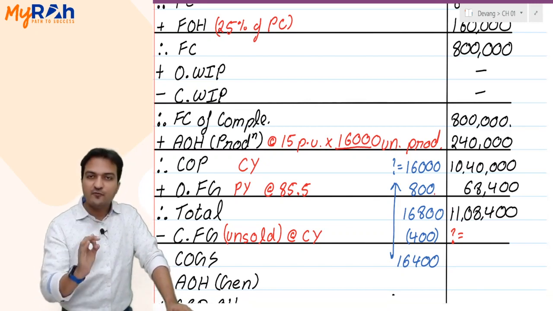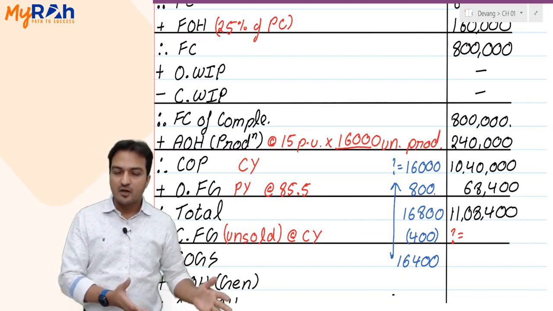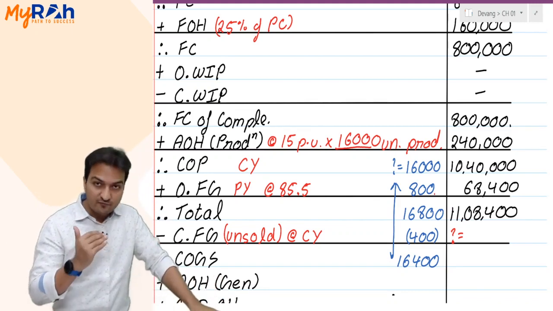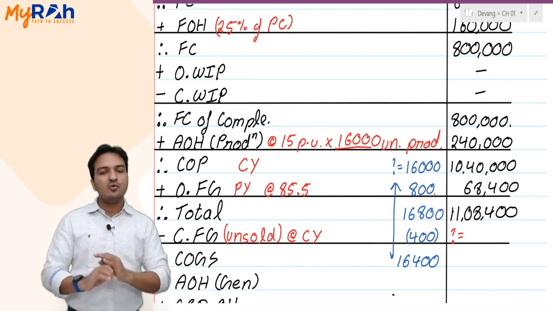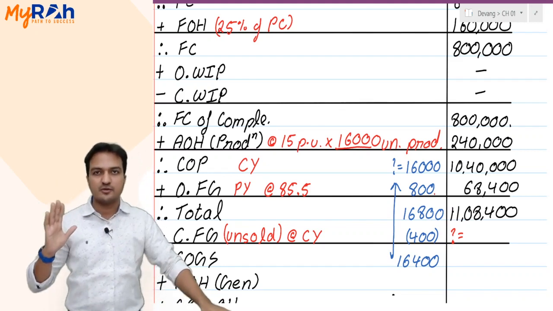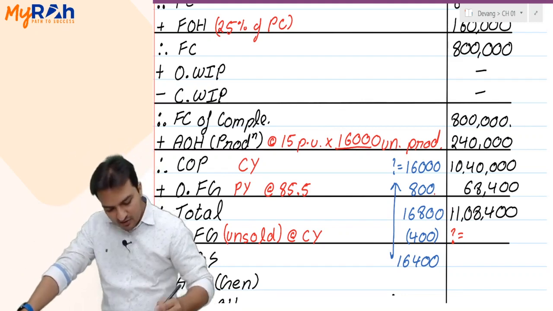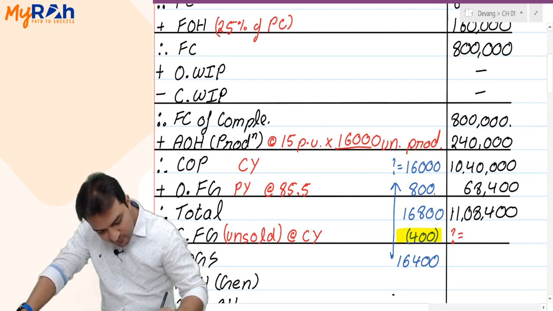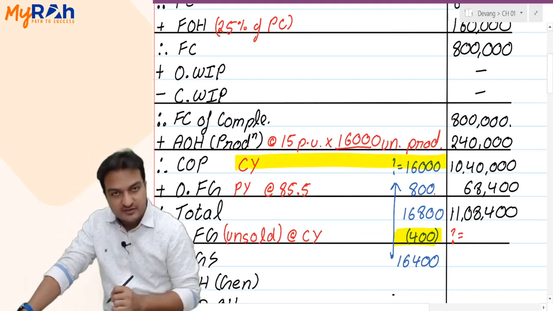Once again, the FIFO method says that previous year units are sold out first. If previous year units are sold first, then at the end of the year, what remains unsold will definitely be out of the current year units. These 400 units that remain unsold are definitely units out of current year 16,000.